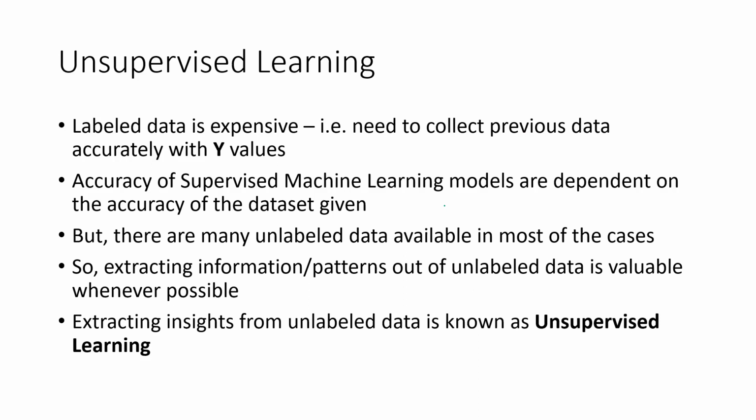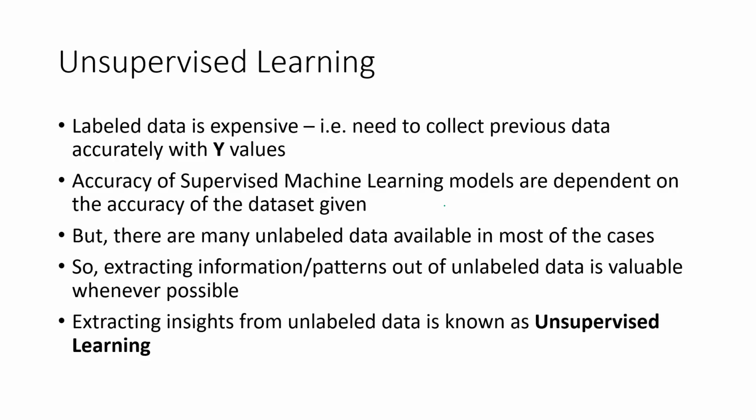It can automatically identify the patterns that are there in the data set. So if you can use unsupervised learning, it's better to use it because it is cheaper, and this kind of data is highly available.